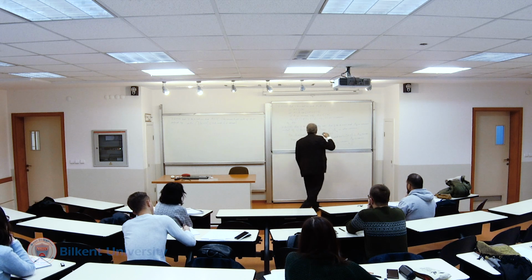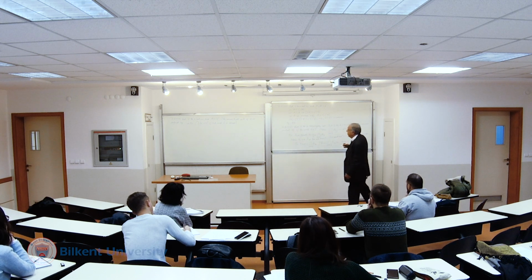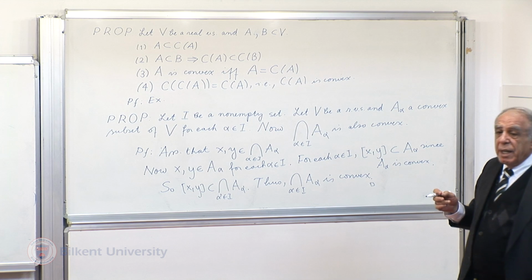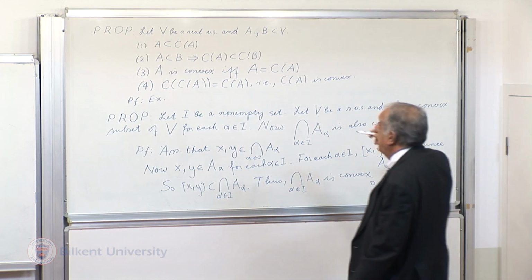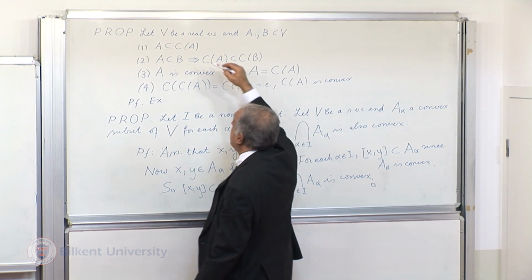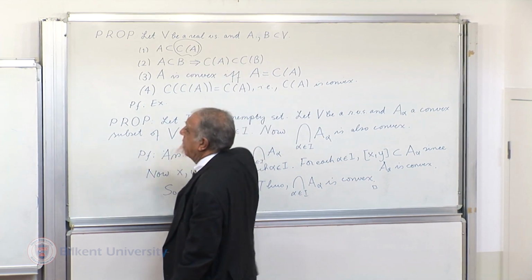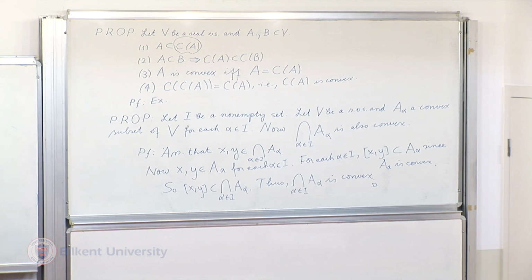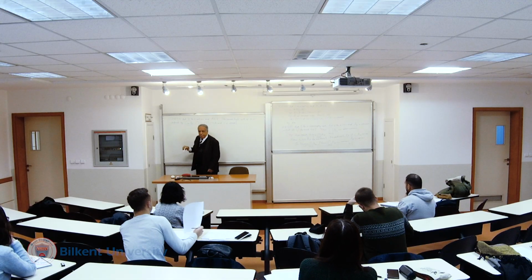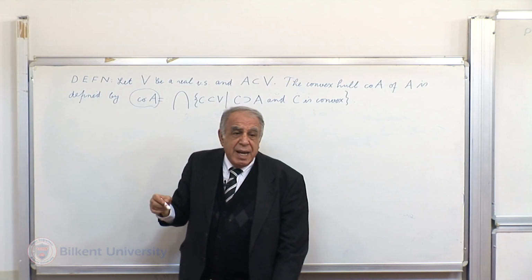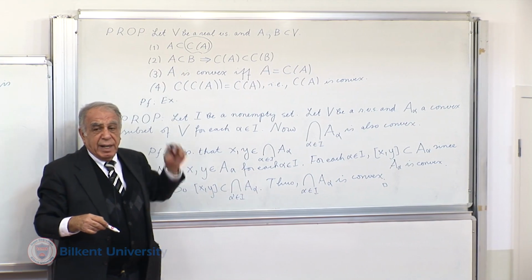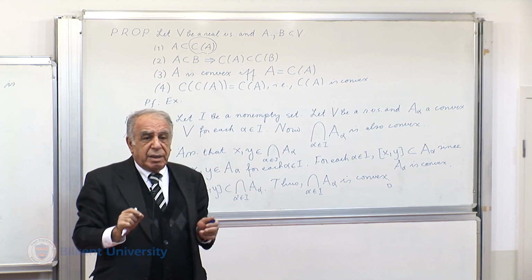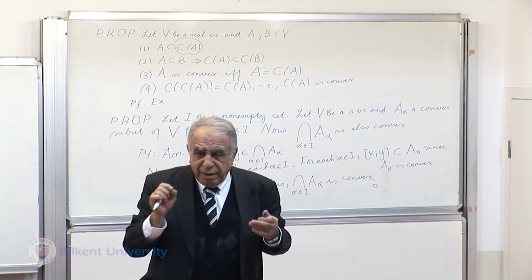Now here we have two ways of producing a convex set from a given set A. One is forming this C of A, and the other is forming this convex hull of A. In defining C of A, we resorted to a constructive means.